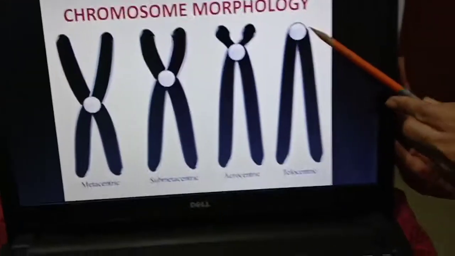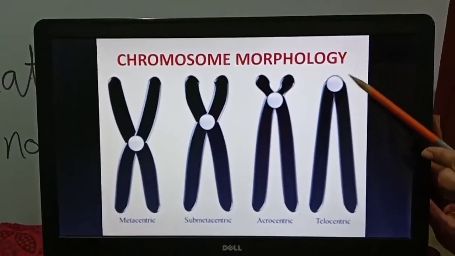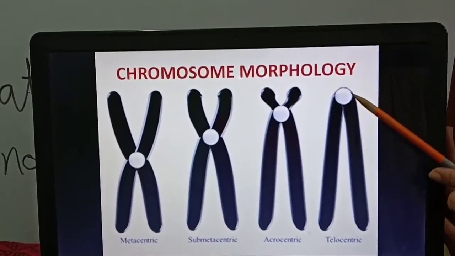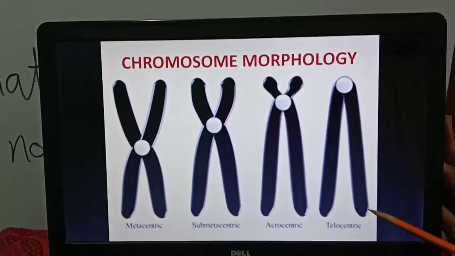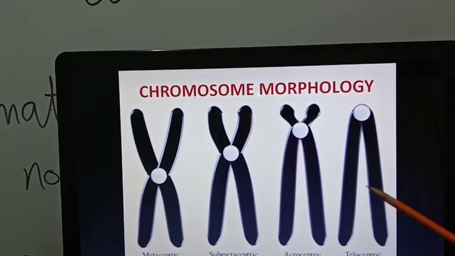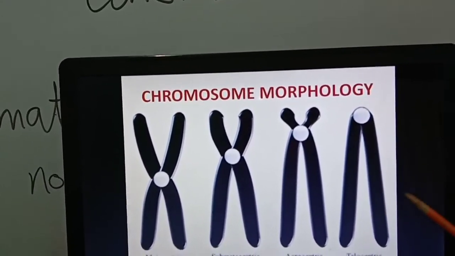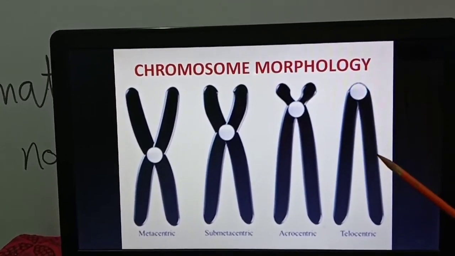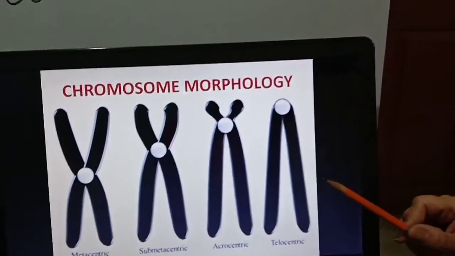Because the end part of the chromosome is called telomere, the chromosome is called telocentric. So these are the 4 types depending upon the position of the centromere.